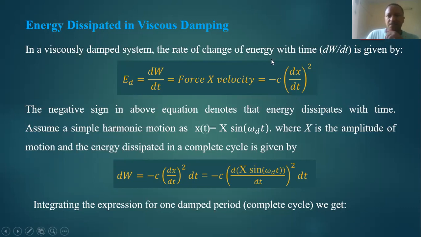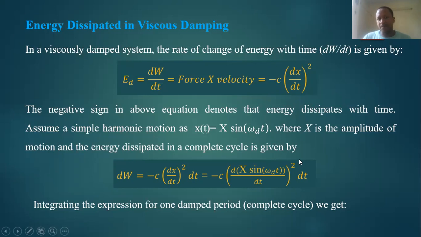The negative sign in the above equation denotes the energy dissipation with time. Assuming simple harmonic motion, the solution x(t) is equal to X sin(omega_d t) for the damped case.